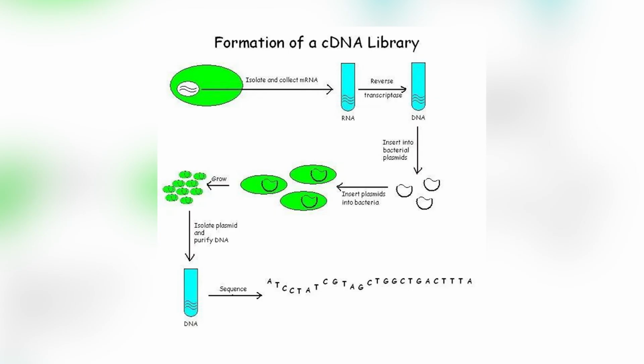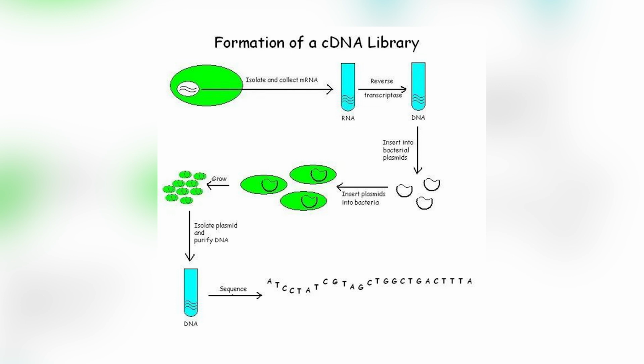Next, yeast artificial chromosome library or YAC library. YAC libraries involve cloning large DNA fragments, usually several hundred kilobases to a few megabases in size, into yeast artificial chromosomes.